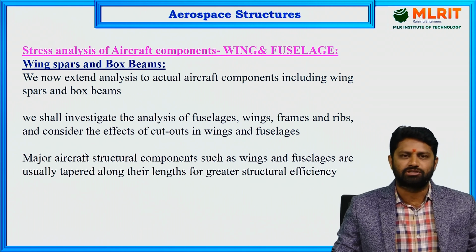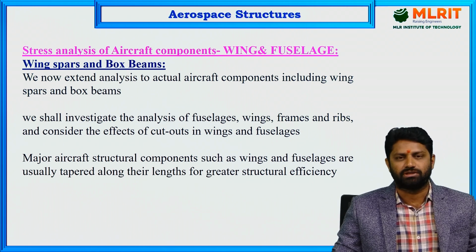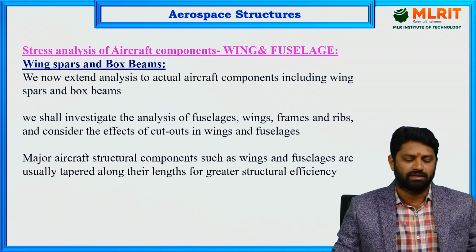Usually the front spar is located around 10 to 15% of the chord, and then the rear spar is located around 60 to 70% of the chord, depending upon the requirement, and the rest of the portion can be made available for incorporating ailerons or high lift devices, etc.